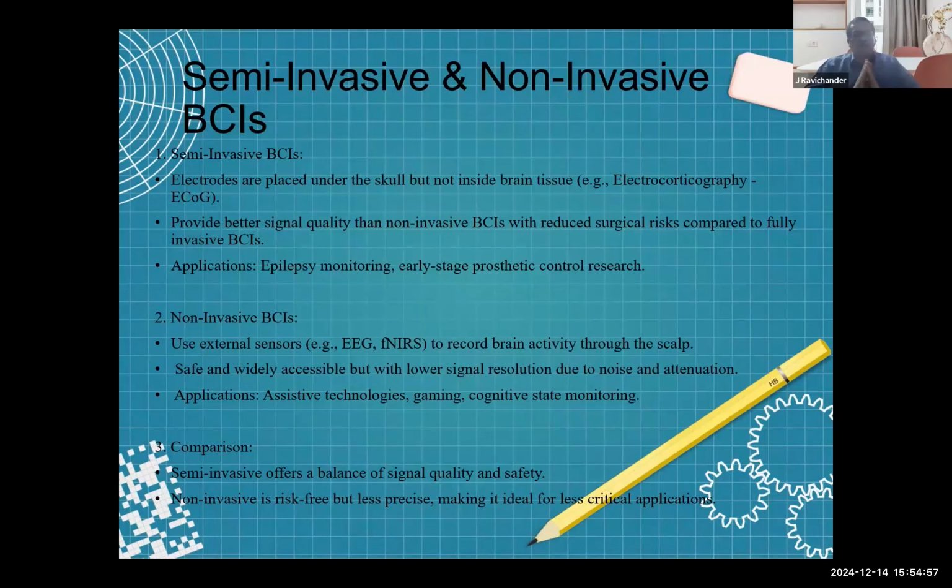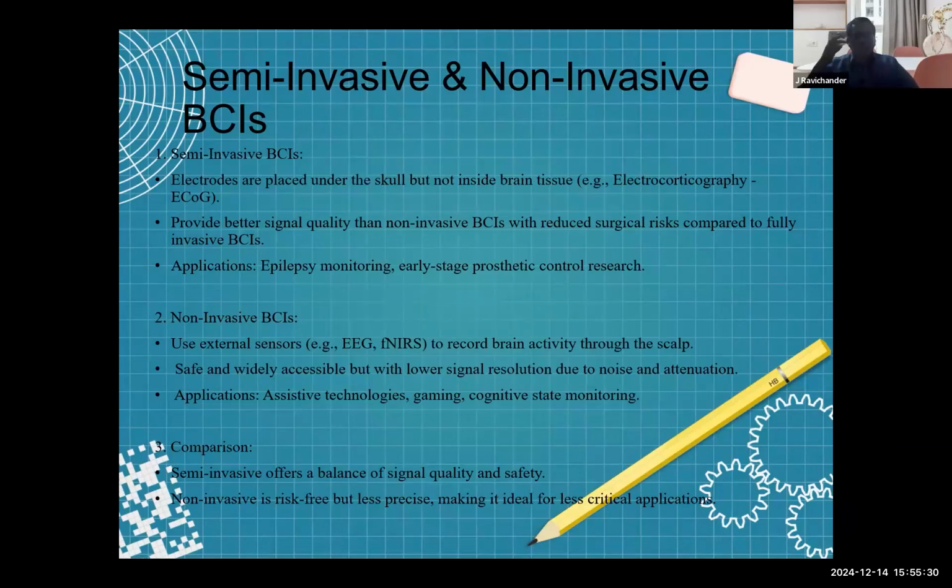Next, non-invasive BCIs. Whatever applications we are using now are non-invasive BCI. Non-invasive BCI means we are not going to implant anything in the brain or under the skull. We use an EEG device over the surface of the skull.